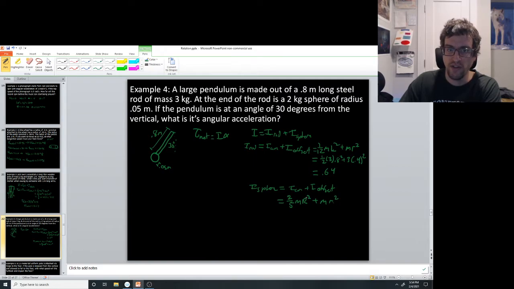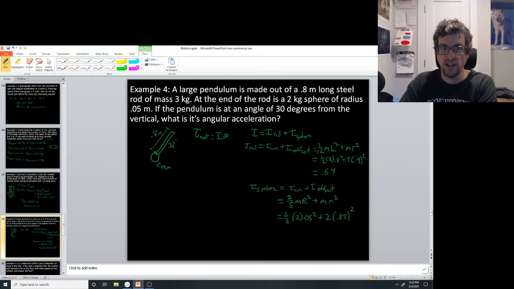And little r again is the offset. So this is 2/5 times 2 times 0.05 squared plus 2 times the offset, which is 0.85. It's not 0.8 because that's where the edge of the sphere is. We want to go to the center. The center is 0.85 away.